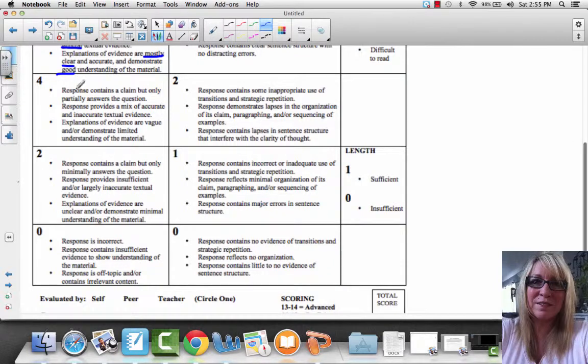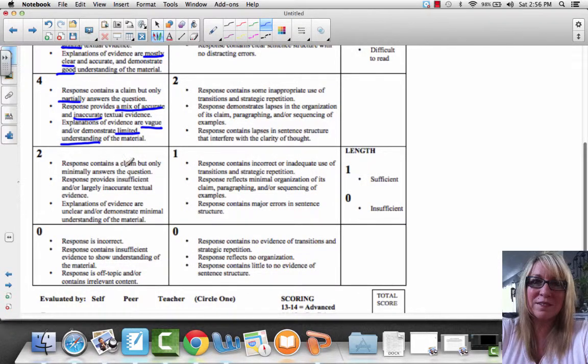Responses contain a claim, but only partially answers the questions. Responses provide a mix of accurate and inaccurate information. Explanations of evidence are vague and or demonstrate limited understanding of the material.